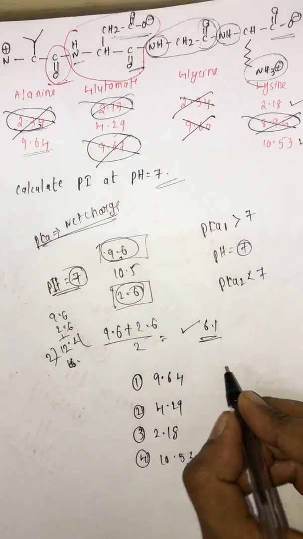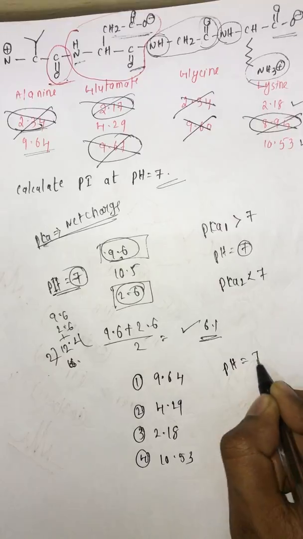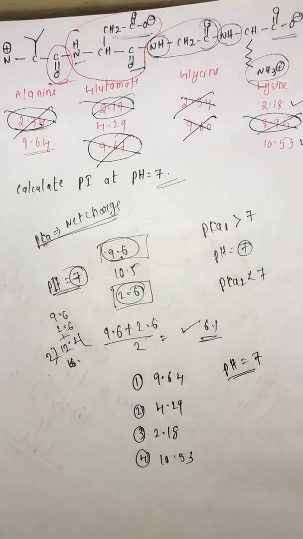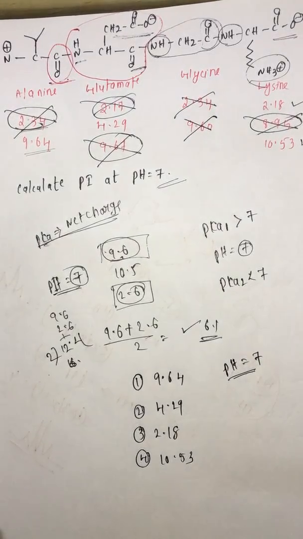Now at what pH do they ask? That is equal to 7. So 7 means we will take one value which is less than 7 and one value which is greater than 7.